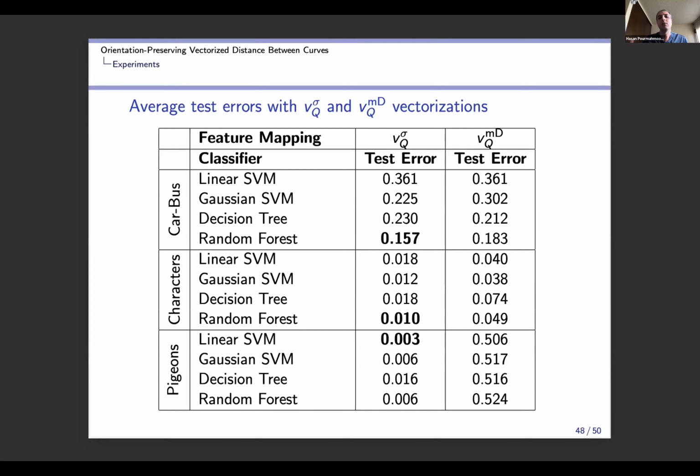And we've changed half of the paths' directions. So half of the curves are from A to B, and half of them are from B to A. And we're trying to detect if a pigeon goes from A to B or B to A.